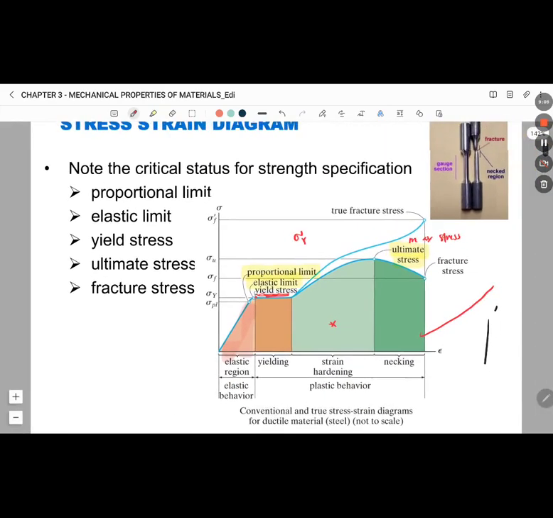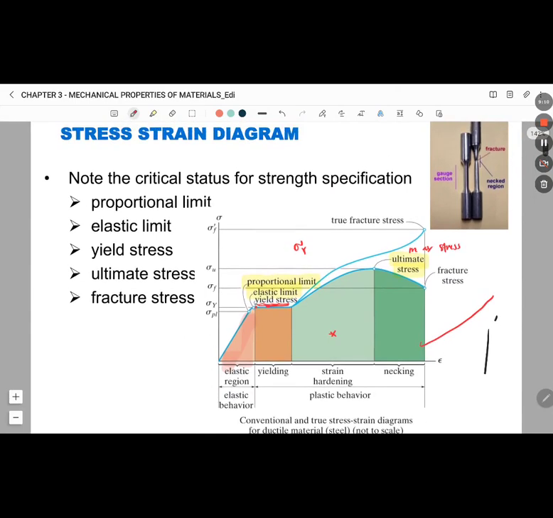You can see in the figure above on the right side: on the left is the sample in its original shape, and on the right is a sample that has started to experience necking. This is where the sample will finally break down or fracture.